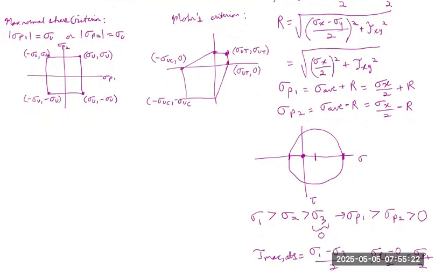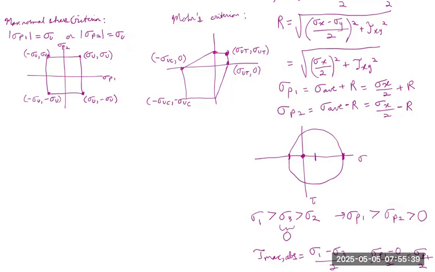And now since sigma 3 is always equal to 0, we will actually have sigma 1 greater than sigma 3, which is greater than sigma 2. So our sigma 3 is equal to 0.